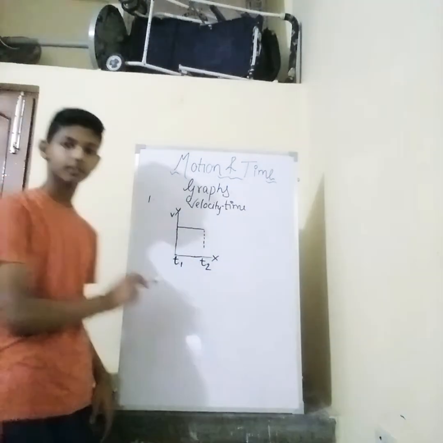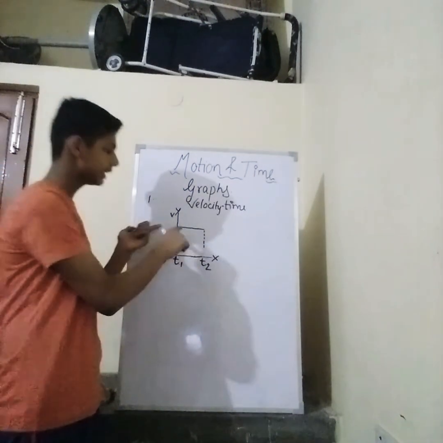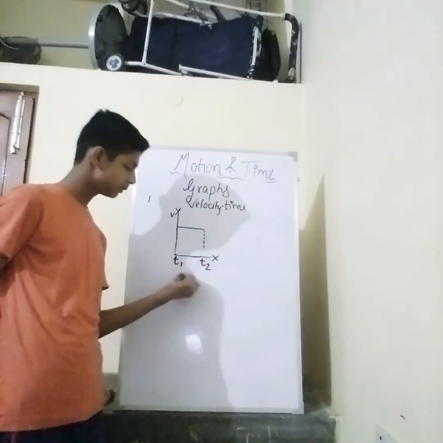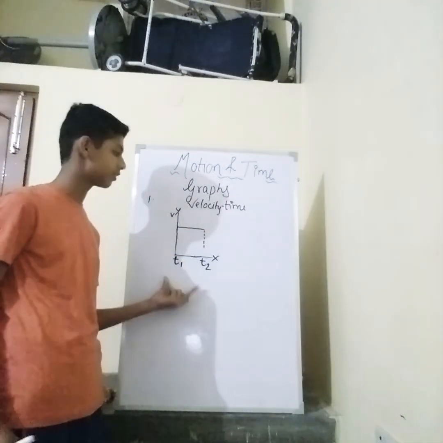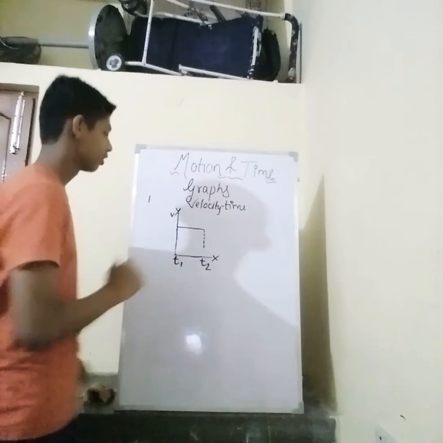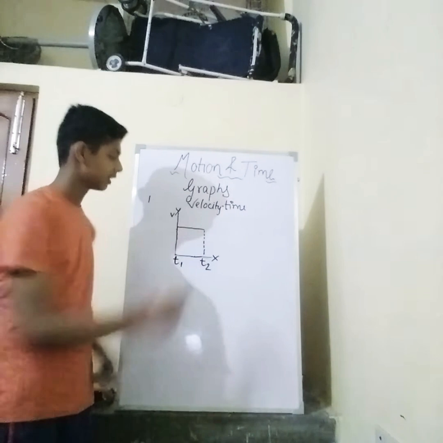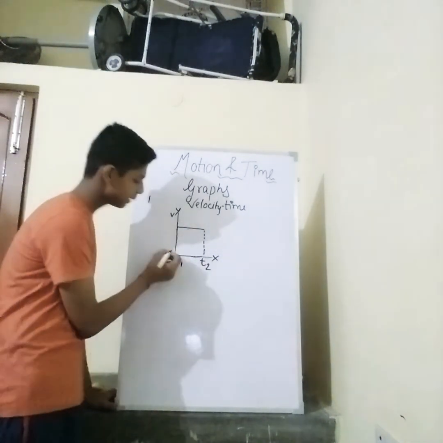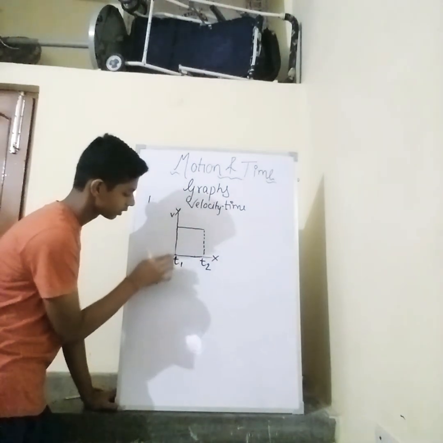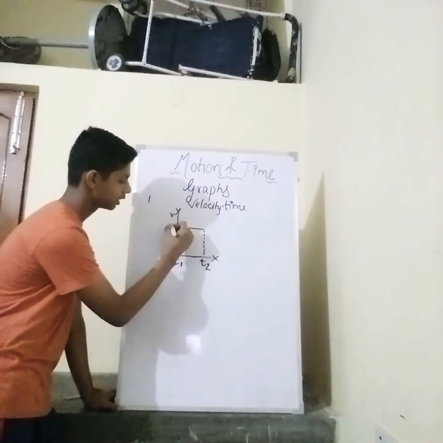Now, clear? In the first case our velocity is constant for the time interval t2 minus t1, and we can calculate our displacement from the given area. This can be 0, or this can be u and this is v.